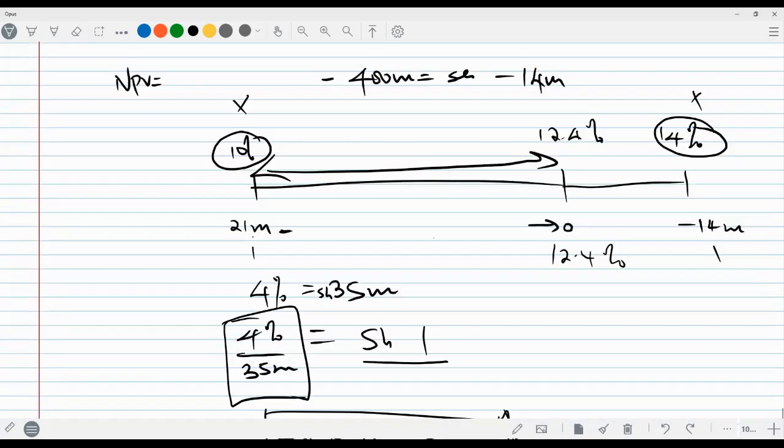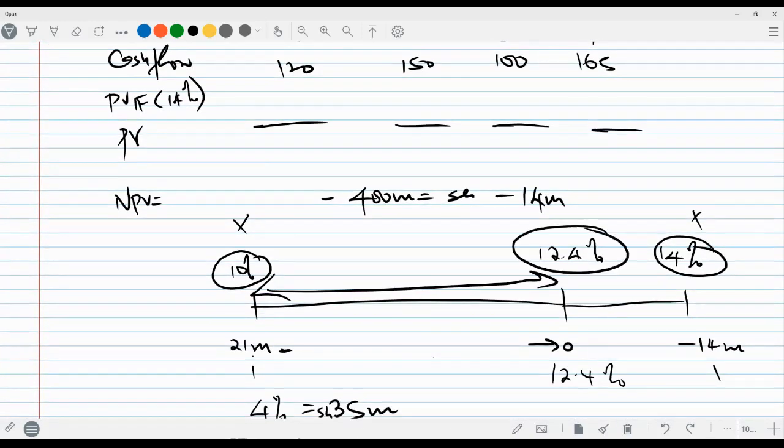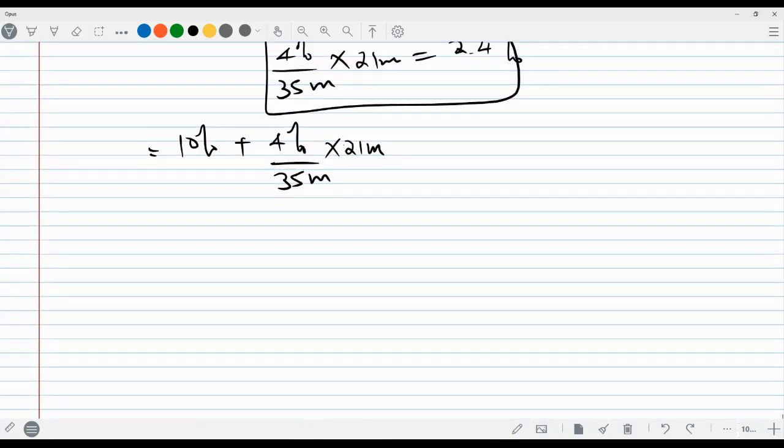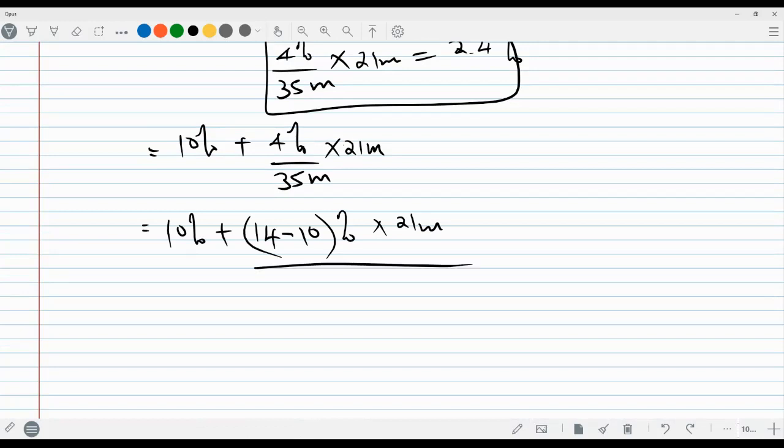You have added 2.4% to get 12.4%. It is equal to 10% plus, how did we get the 4%? It was 14% minus 10%, times 21 million. How do we get that 35 million? It was 21 million minus negative 14 million.